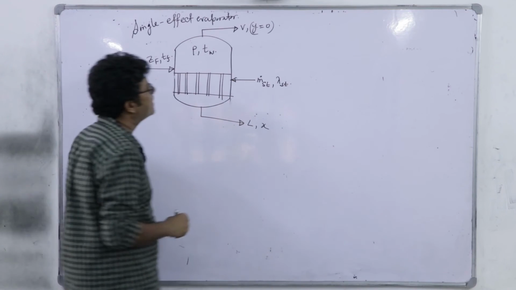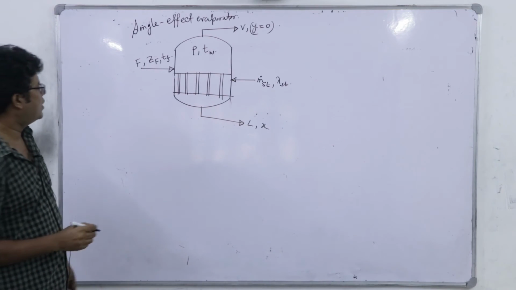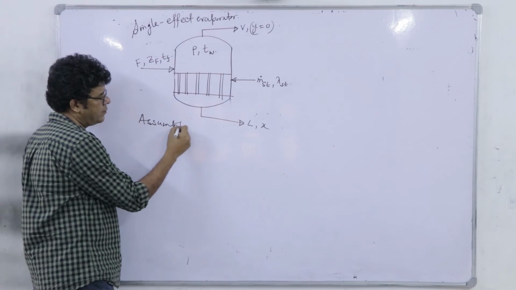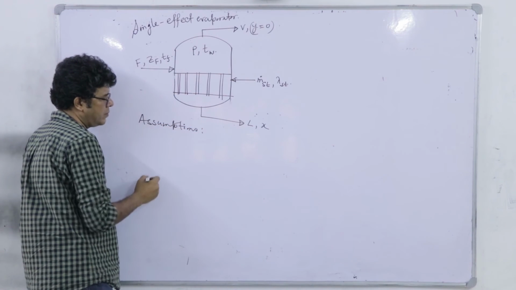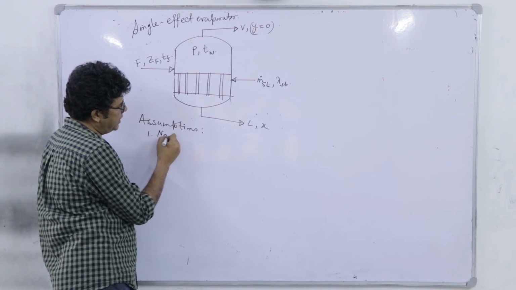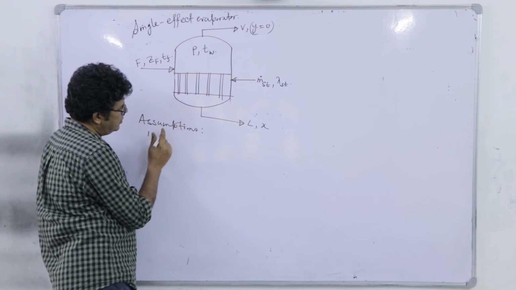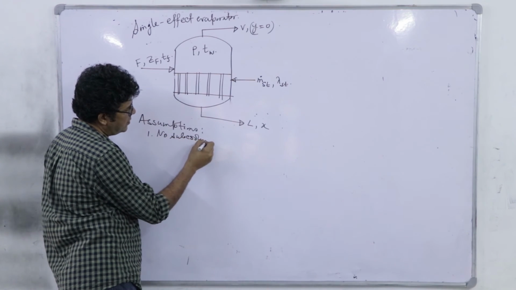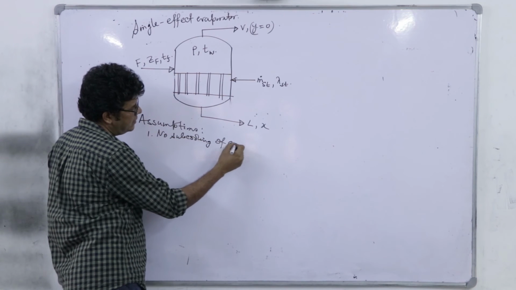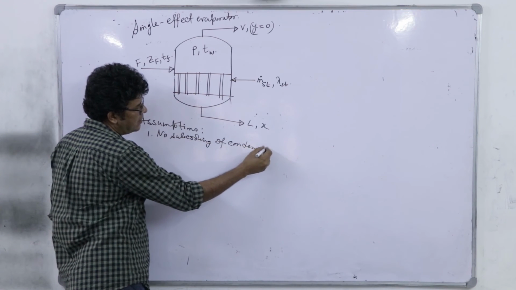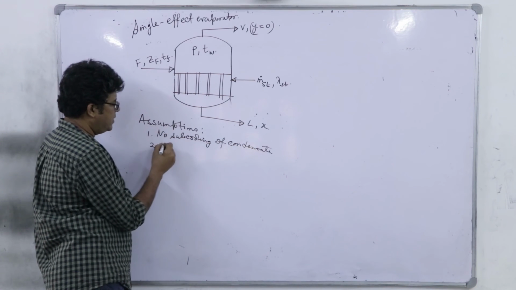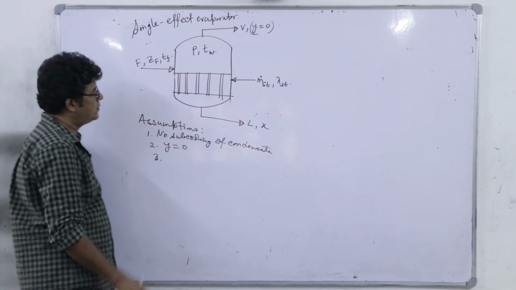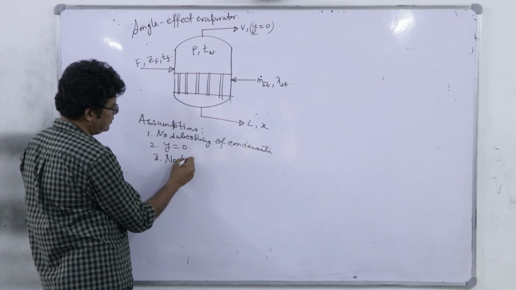We are feeding steam at a flow rate of m dot st, its latent heat is lambda st, right. So what are the assumptions? First, no superheating or no subcooling of condensate. Second, y is equal to 0. Third, no heat loss.